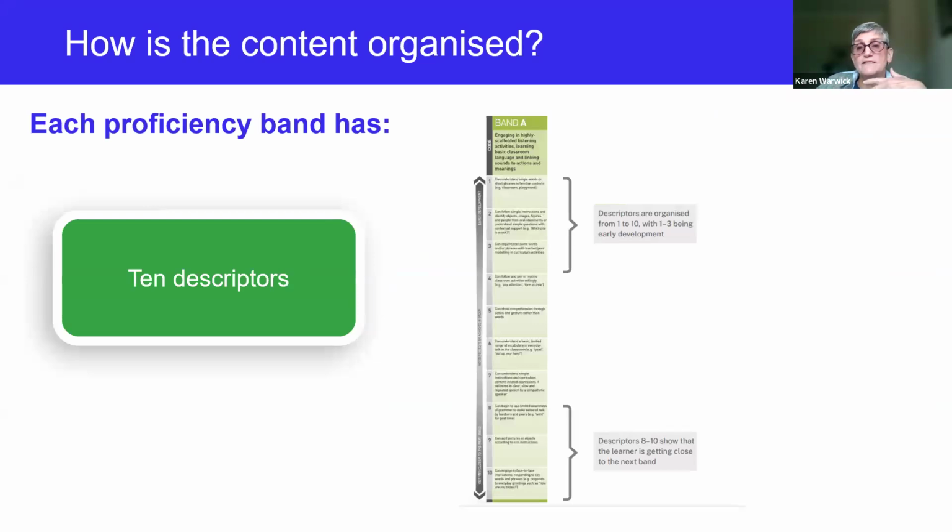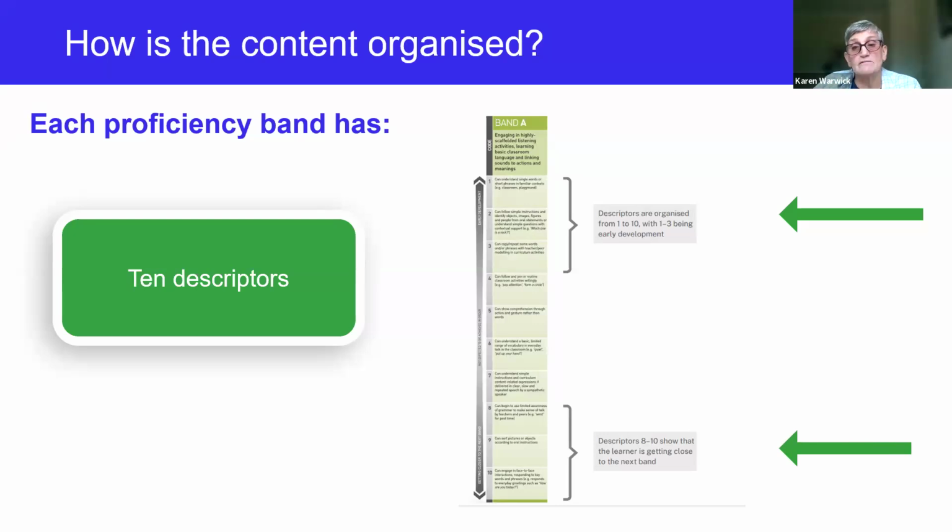You're also reminded that each proficiency band has 10 descriptors, which are sequenced to reflect likely progression within each band, where descriptors 1 to 3 represent early development of that band, and descriptors 8 to 10 is where you're getting closer to proficiency in that band, and then moving on to the next proficiency band.